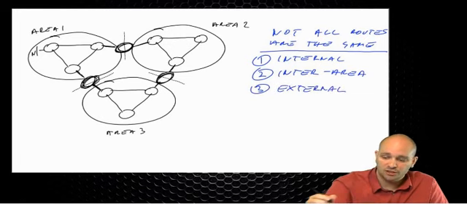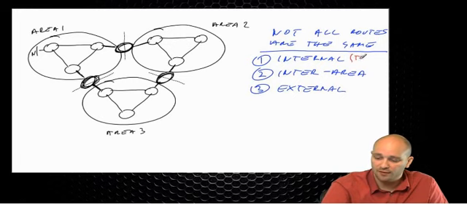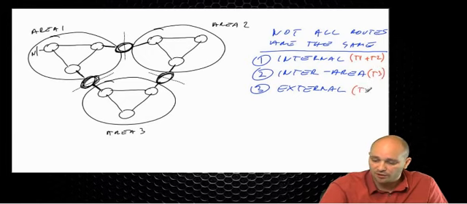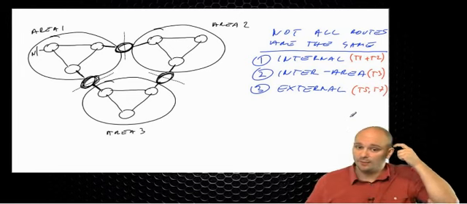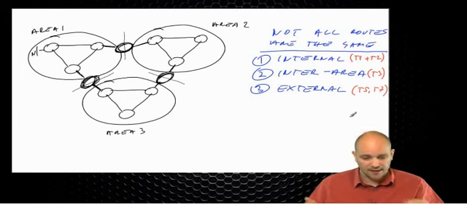Now, internal routes are those routes that are carried in type 1 and type 2 LSAs. These are type 3 LSAs, and these are type 5 and type 7 LSAs. I will talk about them in a moment. As I said, sometimes chicken and the egg.